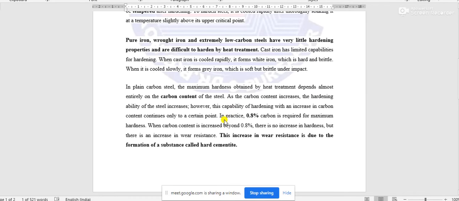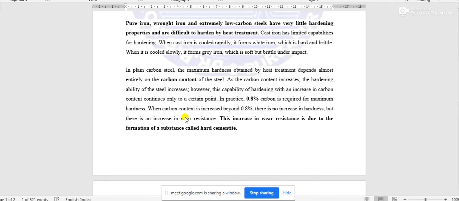Okay, now in the next paragraph, the most important factor that has an impact on the hardening process, the factor on which the hardening process is dependent, is the carbon content.